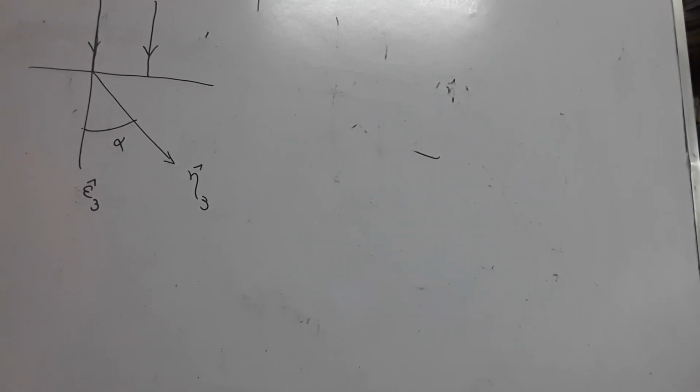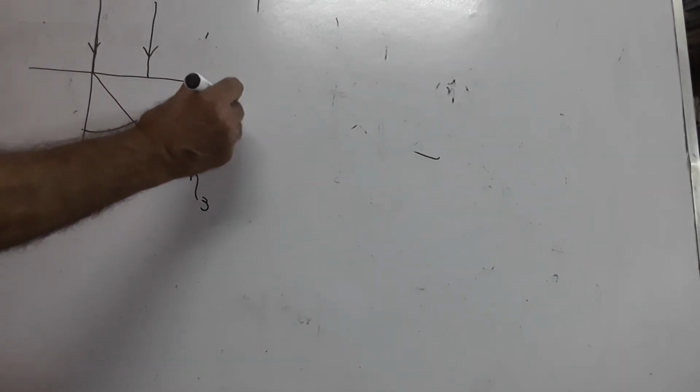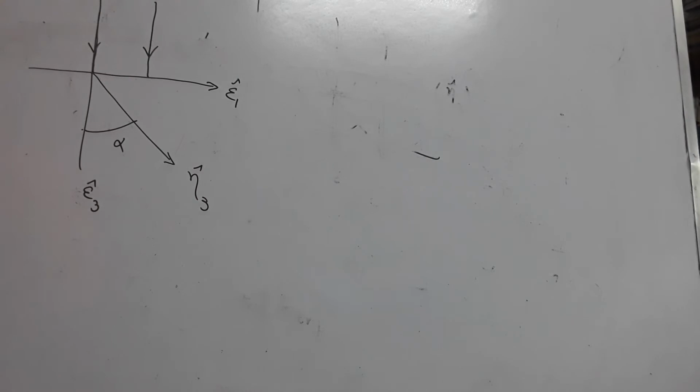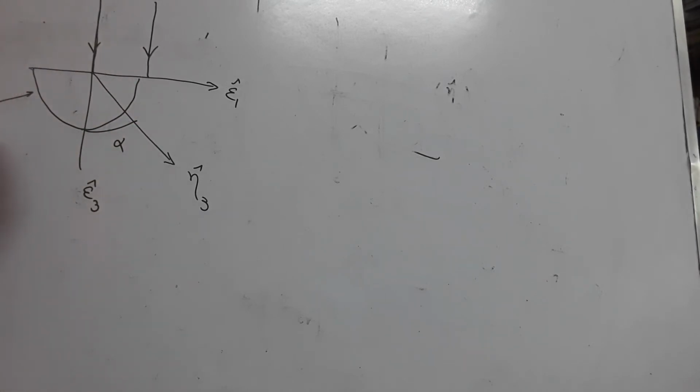How will the wavelets be? The wavelets for the first case, this is my epsilon 1, which is polarized in the direction epsilon 2, will have a velocity v_2, which will be given by some curve like that. This is my V_O.